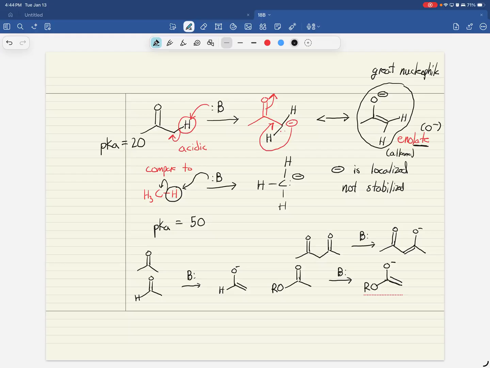Okay, so you do see this kind of predictability in the chemistry of the carbonyl. So you have a ketone, aldehyde, all right? So this is a ketone, aldehyde, ester, and this is called a 1,3 dicarbonyl.